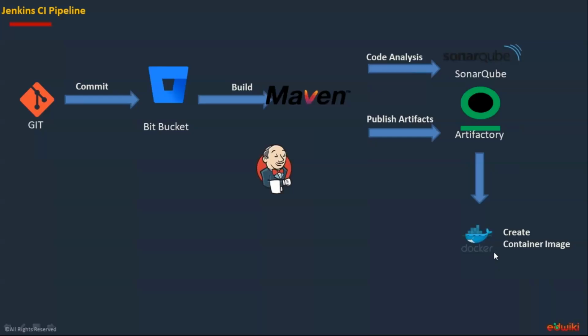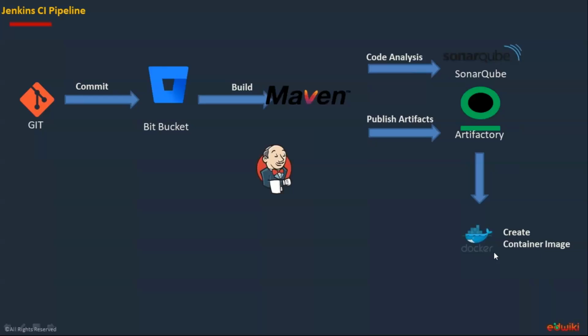Remember, usually you get container images from Docker Hub, right? But whatever image you get from the Docker Hub registry is a very generic one, correct? That image will not carry any application-specific code base.